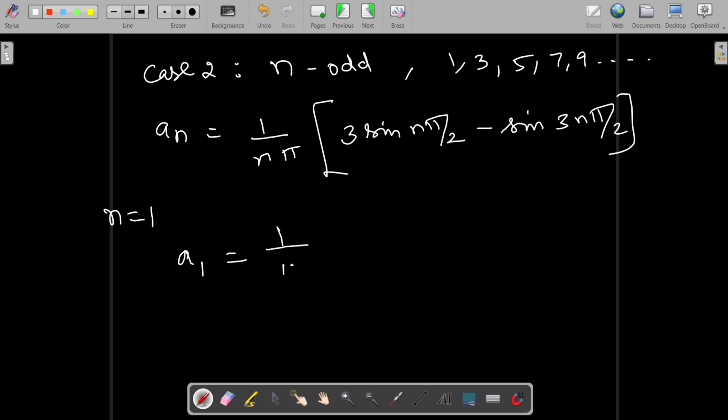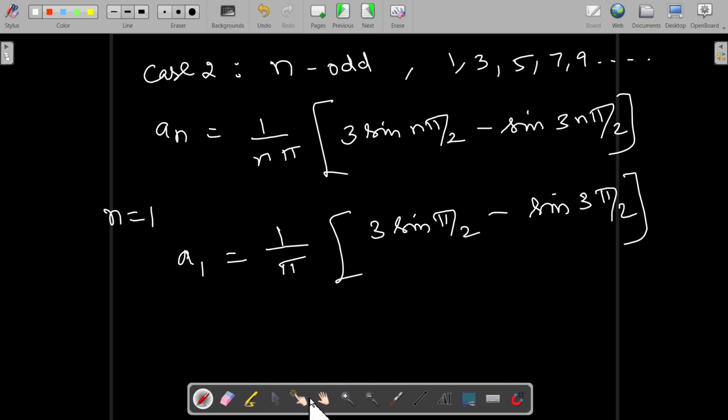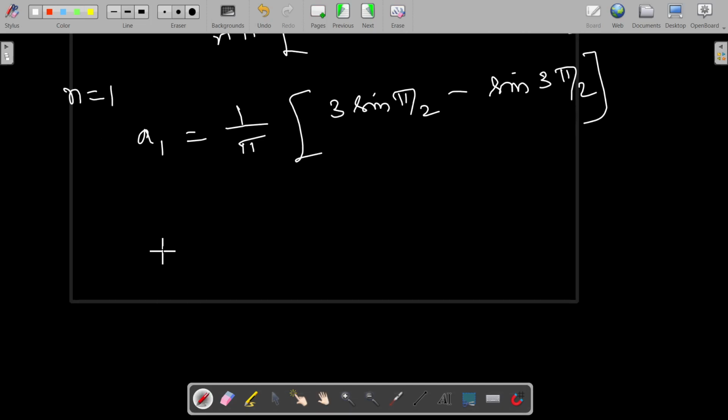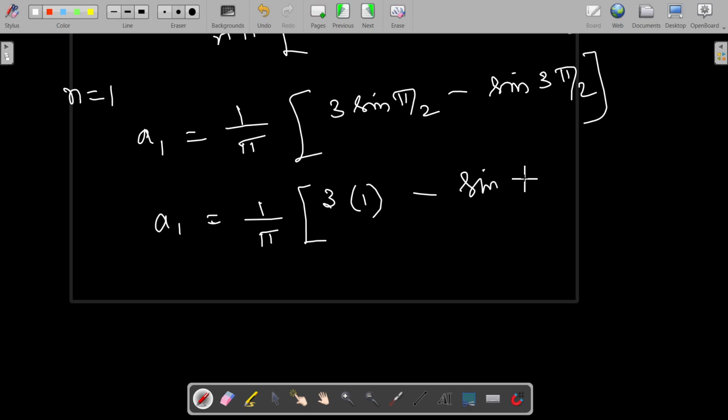So that a1 is equal to 1 by pi times 3 sine pi by 2 minus sine 3 pi by 2. 3 into sine pi by 2, which is sine 90, is 1, minus sine 3 pi by 2.